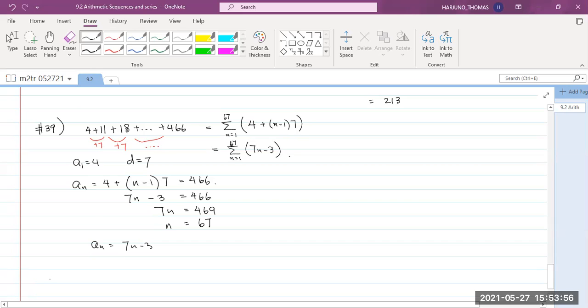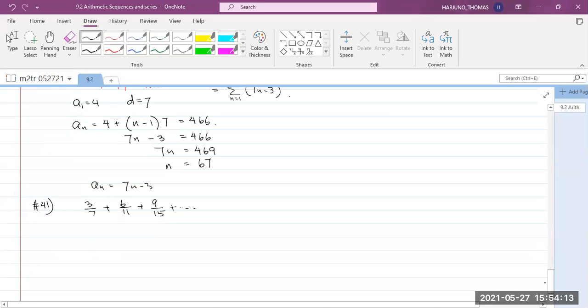Now, number 41, however, it is not arithmetic. 3 over 7 plus 6 over 11 plus 9 over 15 and on. It is not an arithmetic series. Oh, hold on, up to 18 over 27.